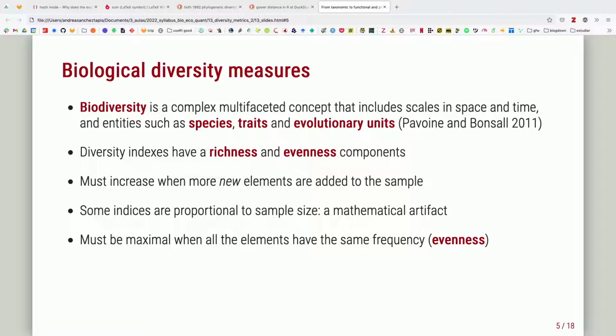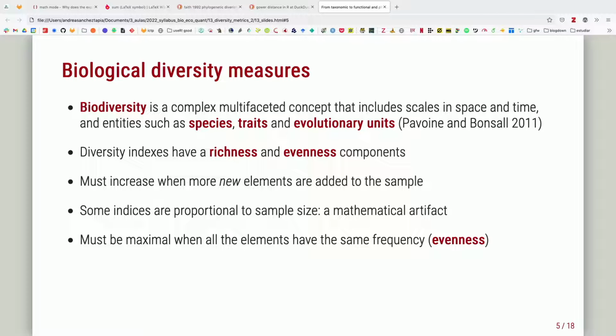There are lots of people working on creating and analyzing diversity indices from the mathematical side, because some indices were proposed in the past that don't follow some mathematical rules that a diversity index should have.